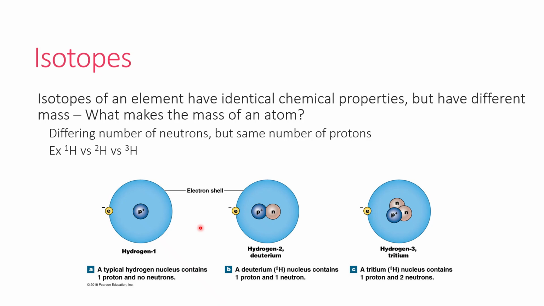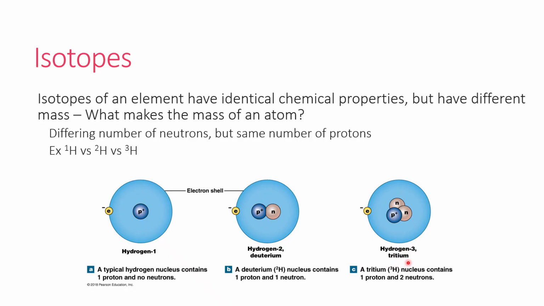So the mass has increased, but the chemical properties are going to be the same. I'm oversimplifying things here, but when we think of what makes an atom function, I want you to think of these electrons. If the number of electrons stays the same, then the chemical properties are going to roughly stay the same. So here we're just increasing the mass.